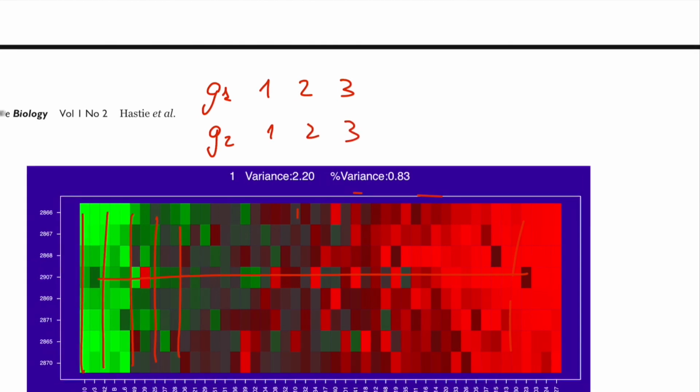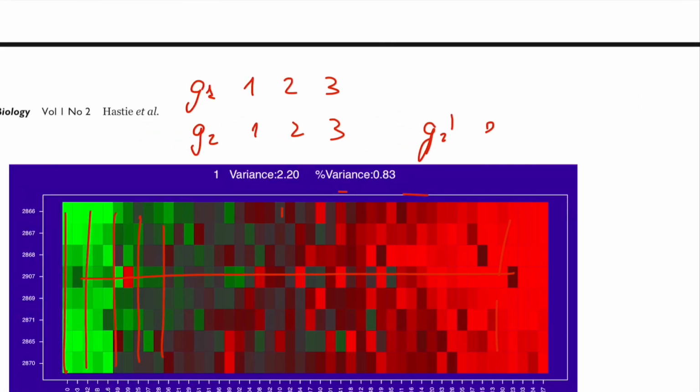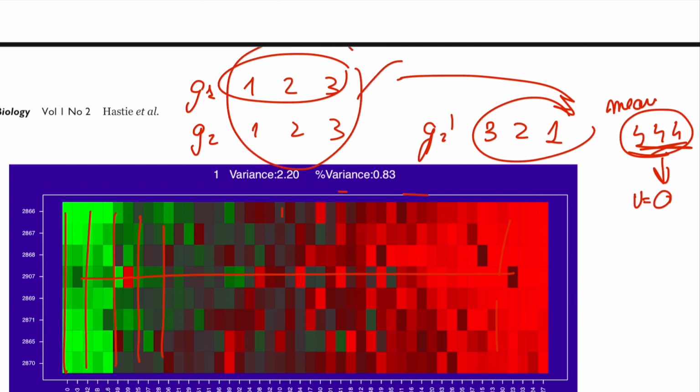because if you would have G2 prime, something different, for example 3, 2, 1, meaning a different order, then the mean gene is going to be 4, 4, 4, and the variance here is basically zero, while between these two things the mean is going to be 2, 4, 6, and you have some variance.